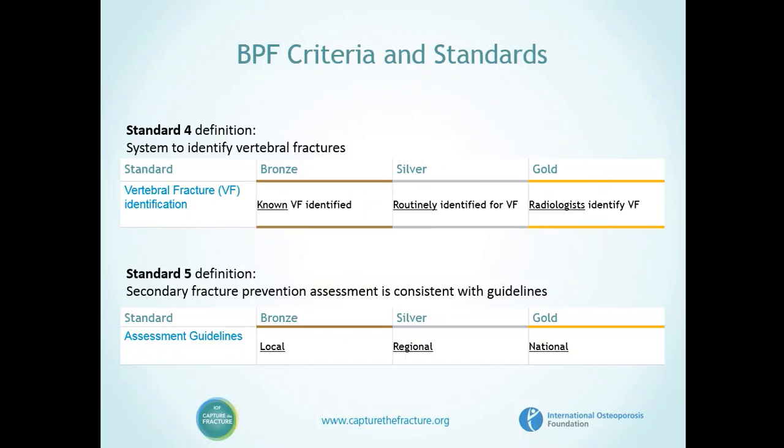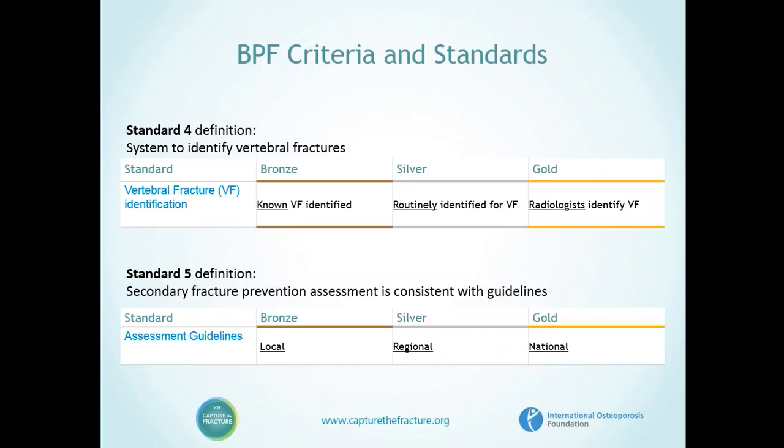Standard number 4 is system to identify vertebral fractures. We regard this as one of the most ambitious ones, because the gold standard here would be that a radiologist at any type of X-ray identifies vertebral fractures and sends a notice to the FLS.